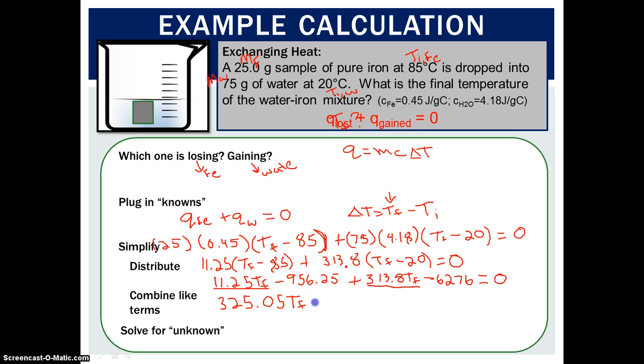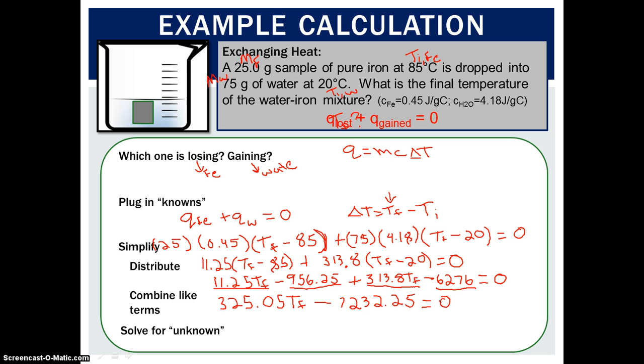And then I'm going to combine my other like terms. 956.25 and 6,276. Notice I carried over this negative. I'm just going to add these two numbers together, and I get 7,232.25. And this is all equal to 0.